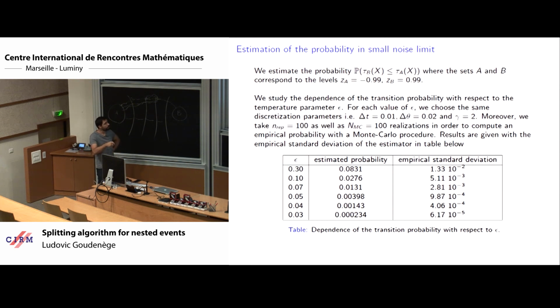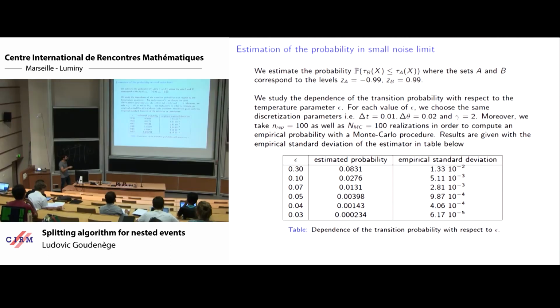When the probability is of order 2 to the power -4 here, you have a good estimation of the probability with only 100 particles. In fact, I can reach a probability of order 10 to the power -10 or -12 with only 100 particles. So this is really well designed for very small probabilities.